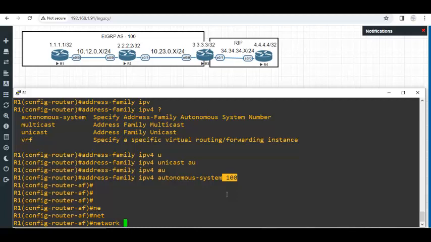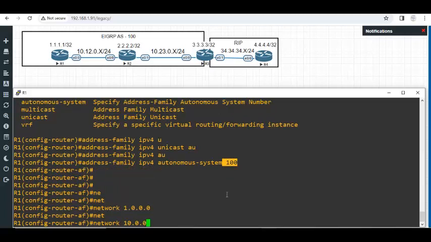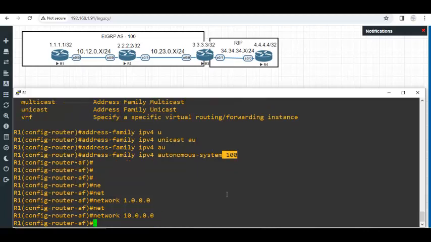And then network 10.0.0.0. There is no need to say no auto-summary because by default this newer version will not do summarization. So let's go and verify this.